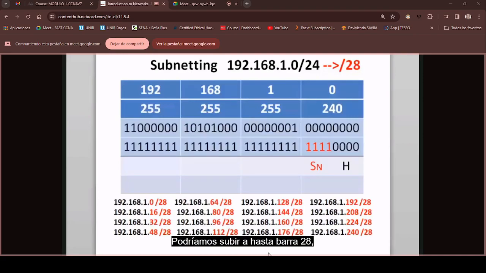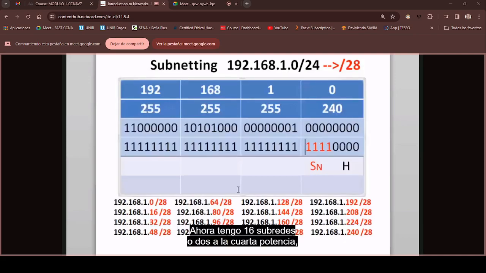We could go up to /28, and now I have 4 subnetwork bits. Notice that the subnet mask has changed from 255.255.255.0 when it was /24 to now 240. I now have 16 subnetworks, or 2 to the 4th power, and there's 2 to the 4th power of hosts per network, so there's 16, or 14 usable host addresses per subnet.